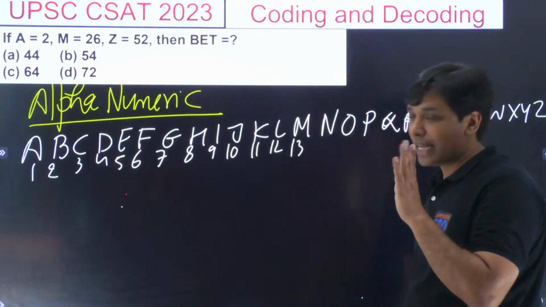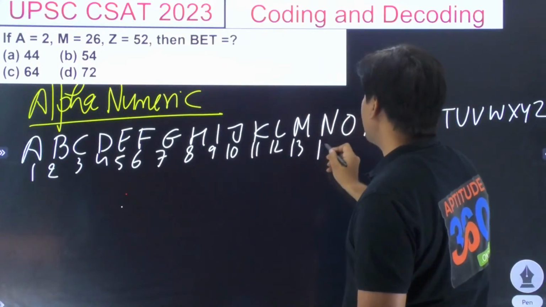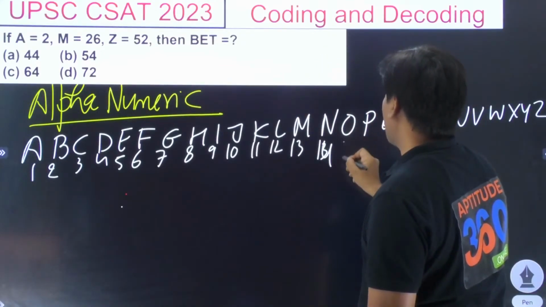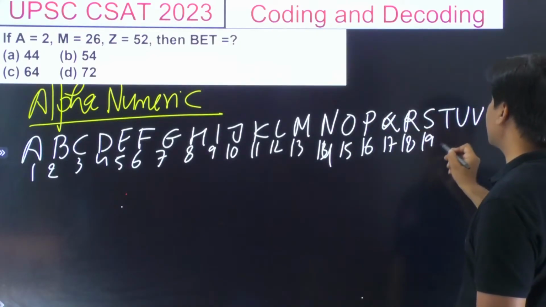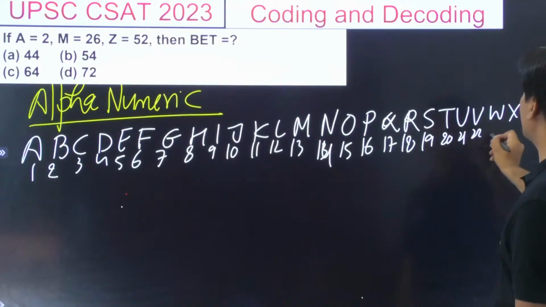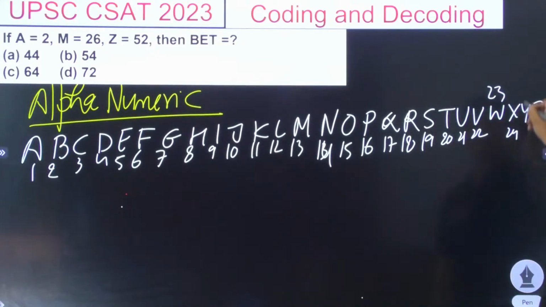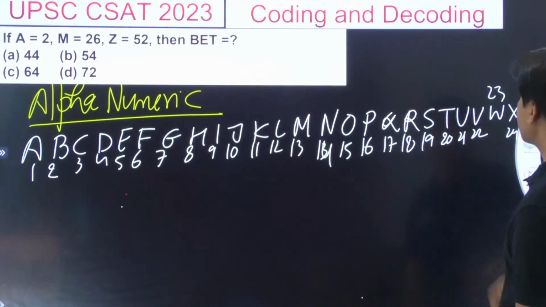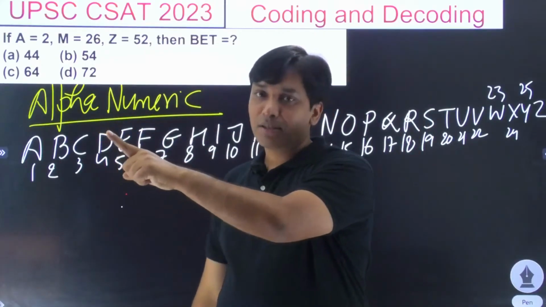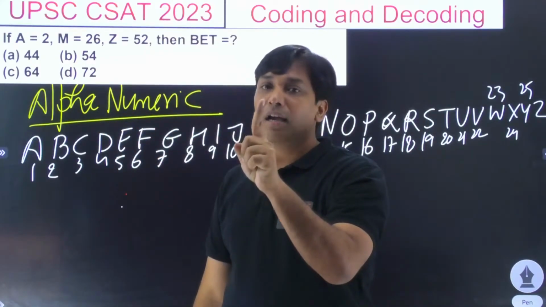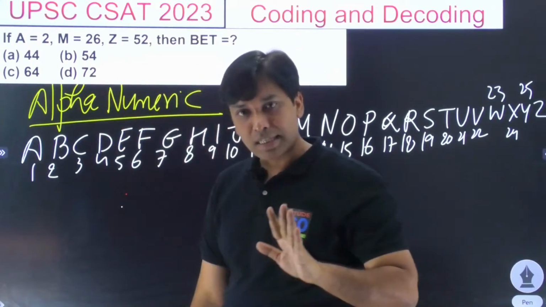So M is 13. That you should know, because then this is 14, and then 15th, and then 16th, and then 17th, and 18th, 19th, 20, 21, 22, 23, 24, 25, and then 26. This is 26. Or there is a possibility कि वो पीछे से ranking लिख दे. Do you understand this? Z becomes 1 and then so forth and so on. A becomes 26. There is a possibility.